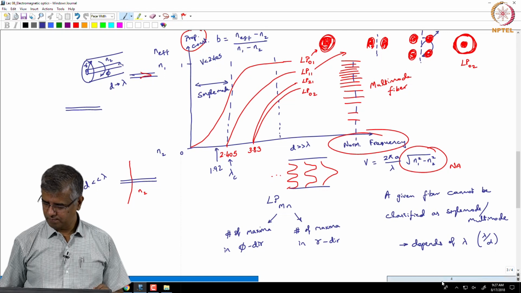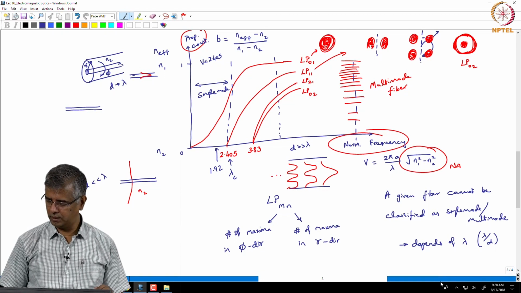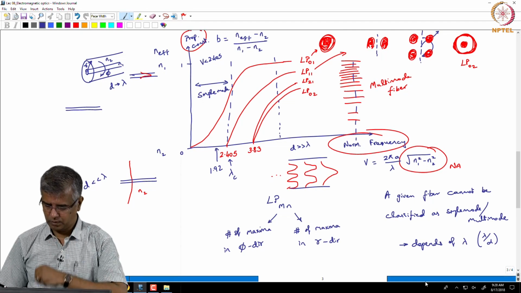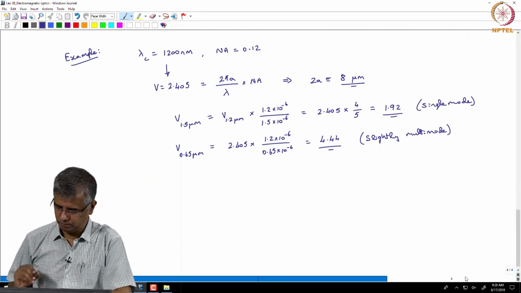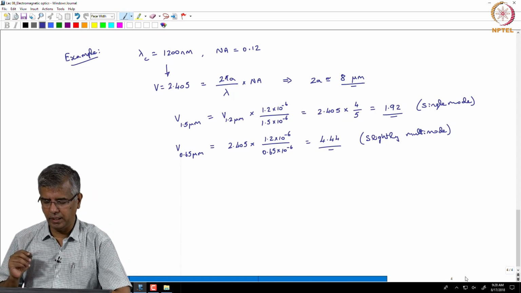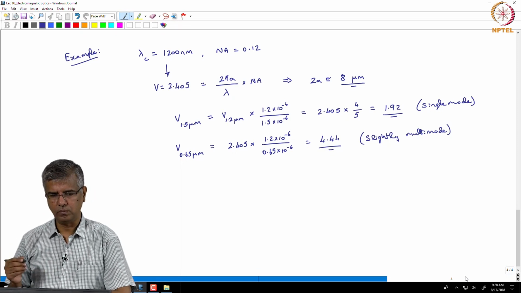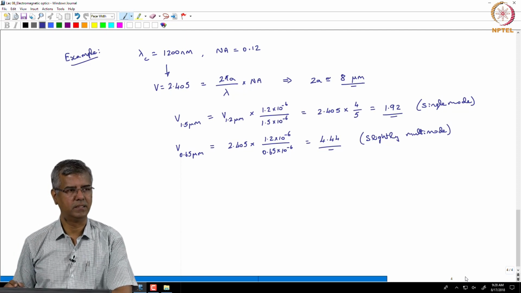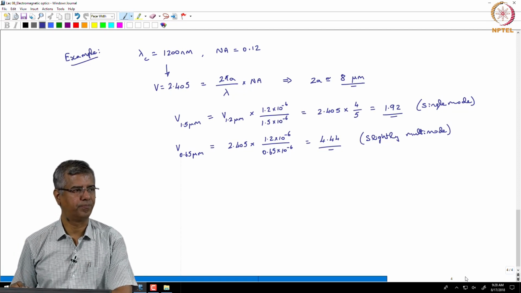So that is one part. The other part is how do we couple light into an optical fiber?